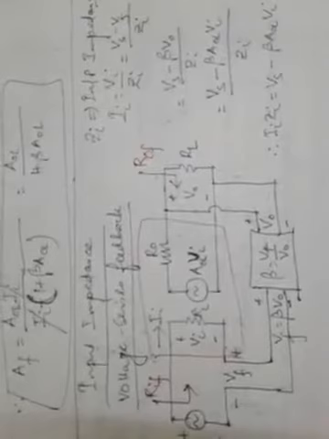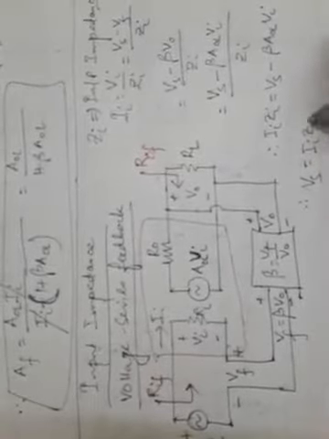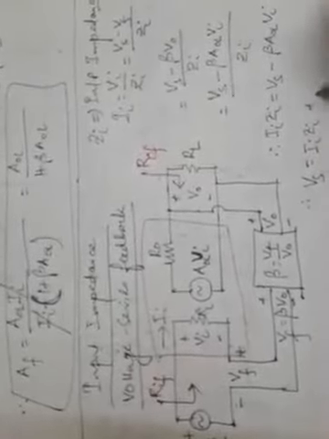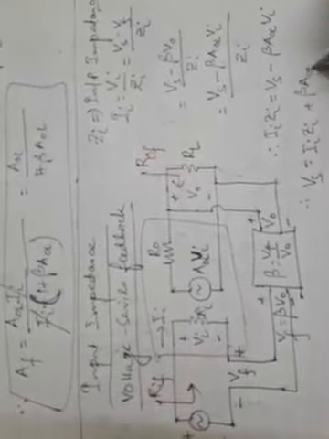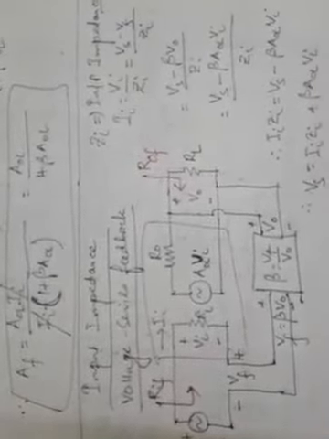Therefore, by simplification, multiplying Zi with II, II Zi is equal to Vs minus beta AOL Vi. Therefore Vs equals II Zi plus beta AOL Vi.